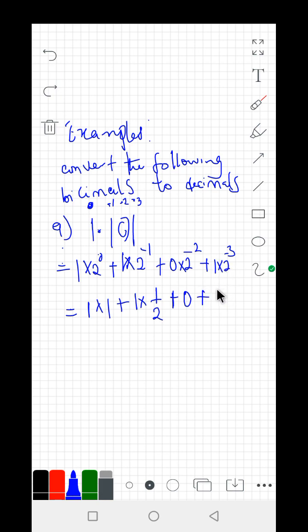From your recall of laws of indices, this will be 1 times 1 divided by 2 raised to power 3. Anytime there is a negative sign here, it means there is division, and whatever power is here, you bring it here.